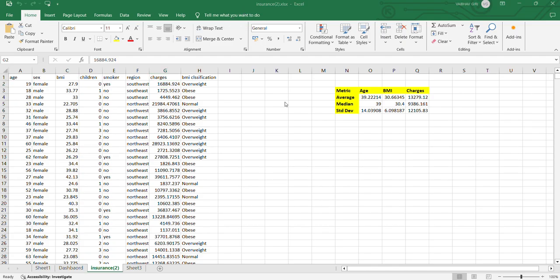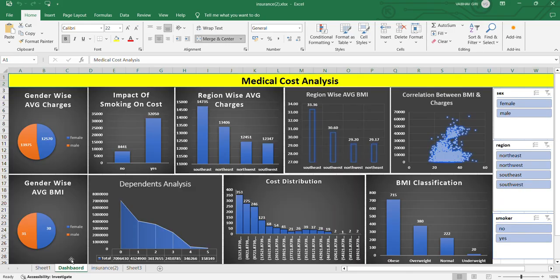Now let's start with our dashboard and the gender-based analysis. We compared the average medical charges and the BMI of males and females.